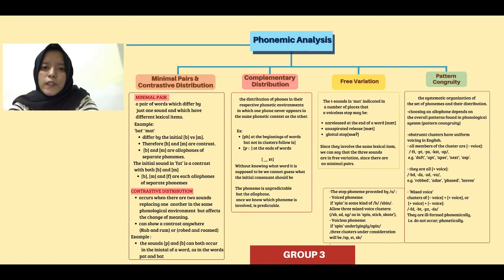Then we compare the initial f in fat, we see that there is a contrast between f, b, and m. Since fat, bad, and mad are different lexical items, and since each differs from the other by one and only one sound, therefore we can say that f, b, and m are each allophones of separate phonemes.